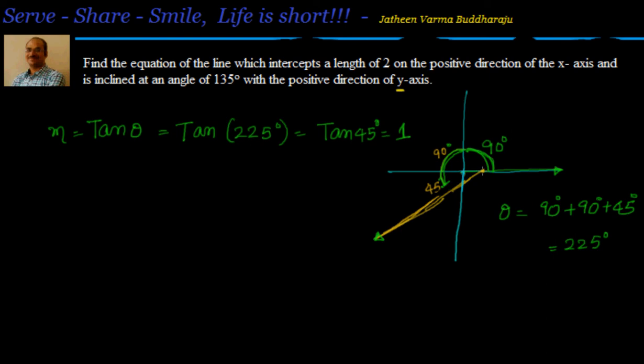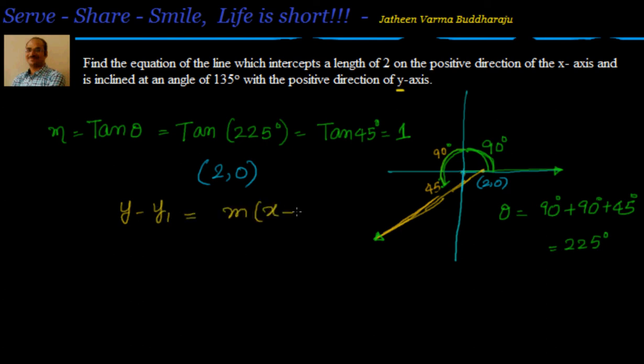It intercepts on the positive direction at 2 units. That means this point is 2, 0. If it intercepts a length of 2 on the positive direction of x-axis, the point is 2, 0. Now we know a point, we know the slope, so we can directly leverage point slope form.